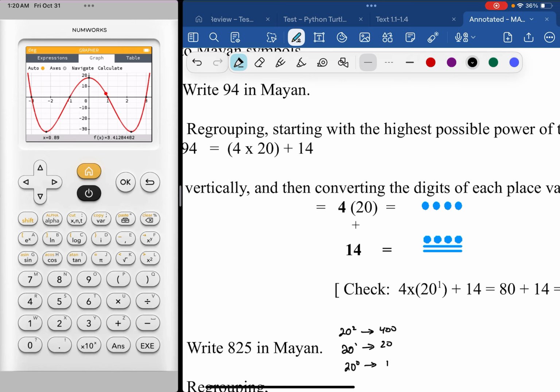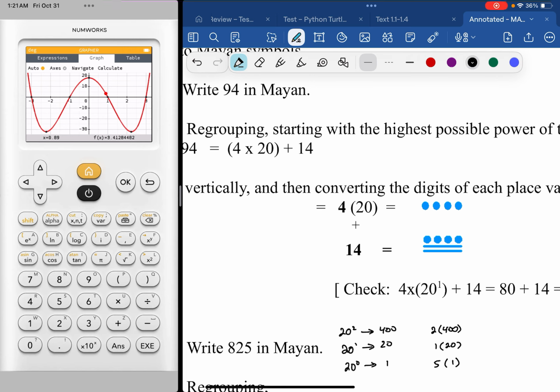All right, that's enough to get me any 3-digit number. So if I have 2 of those 400s, that gets me to 800. If I have 1 of the 20s, that would get me to 820. And if I have 5 of the 1s, then that would get me to 825.